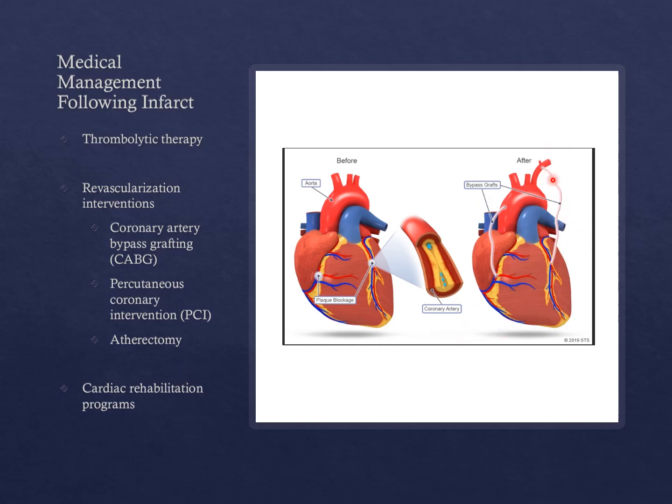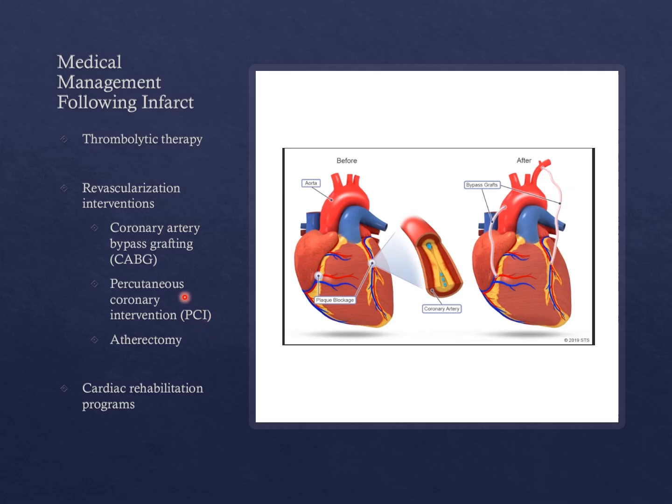And so you can see that here. This is a bypass graft, that light pink, and over here, this is a bypass graft. And so we'll attach one end of that graft to somewhere on the patient's aorta, and then we'll reattach it to the coronary arteries just past wherever the occlusion is to restore blood flow to the rest of the heart.